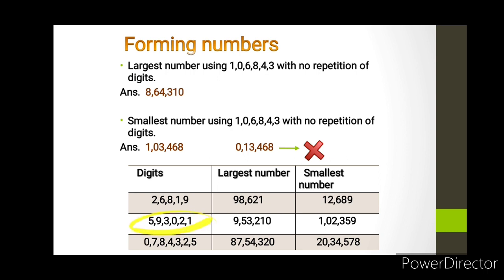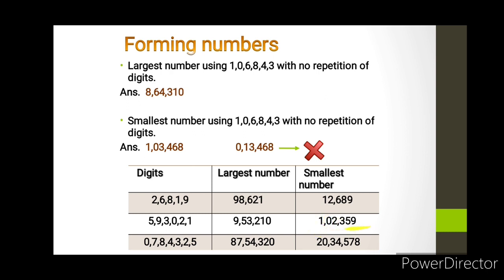See the second one, it will link up to this. Yes. For the largest number, as I said, start with the greatest digit, that is 9. Then 5, 3, 2, 1, 0. What about the smallest number? You will not write 0 at the first place. You will write 1 and then 0, immediately 0. Understood?